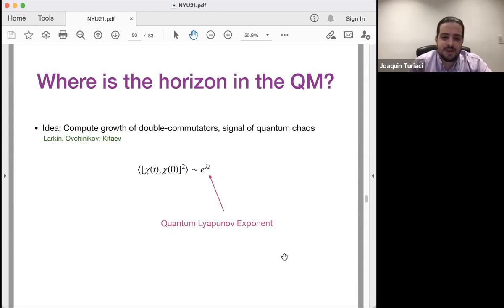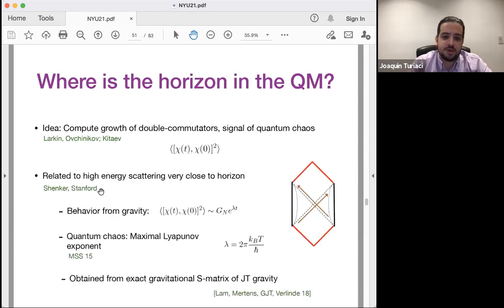I don't have time, but there is a very interesting way to motivate why this is the signal of chaos. Shenker and Stanford pointed out that this is like a 4-point function, so it tells you something about scattering of two particles. And when the time is very large, the two particles meet very close to the horizon.